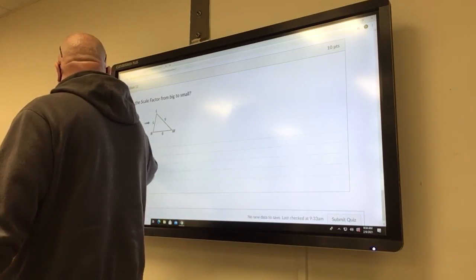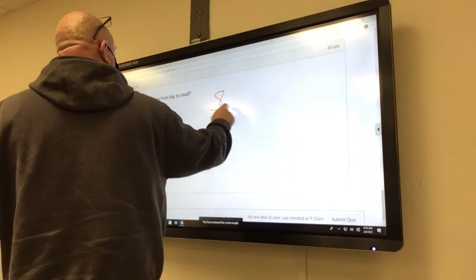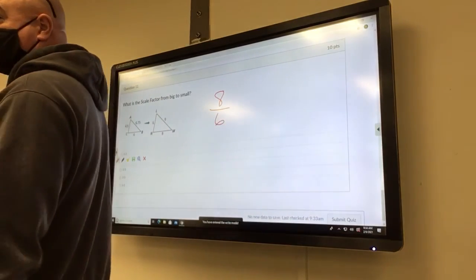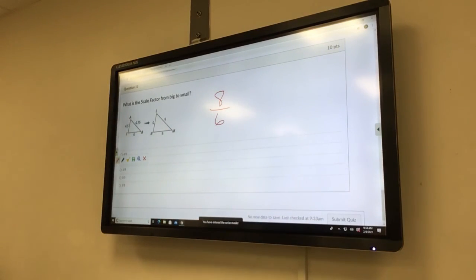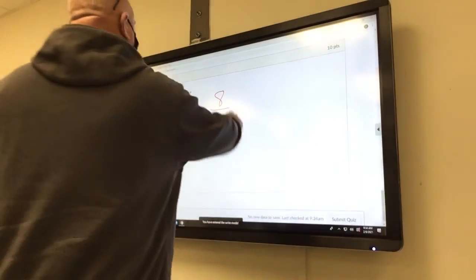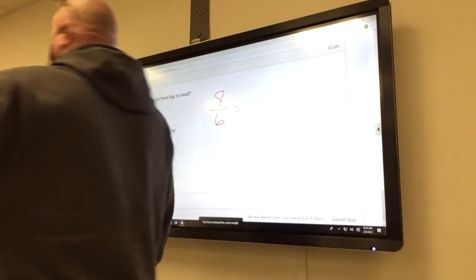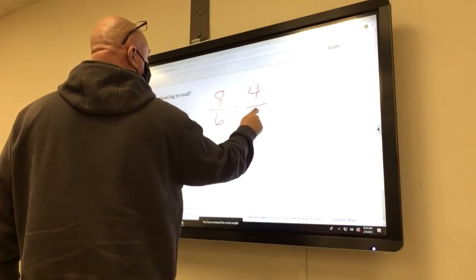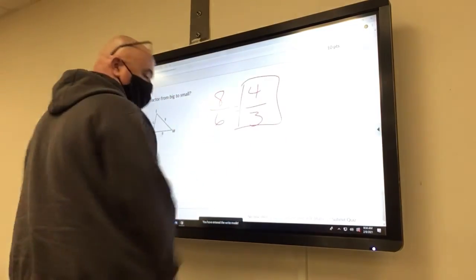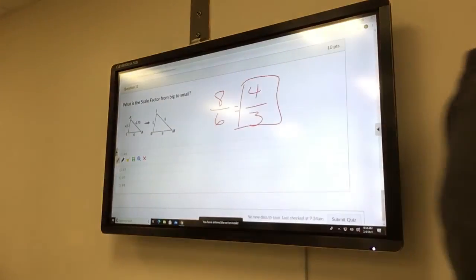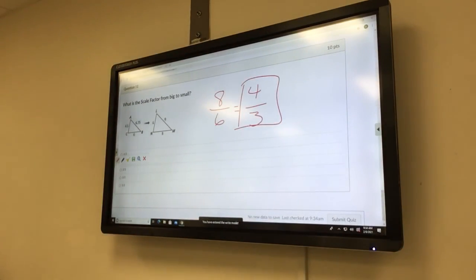So here we go. 8 over 6. And reduce that fraction. What's 8 and 6 got in common? 2. That's my scale factor. Anybody have any questions?